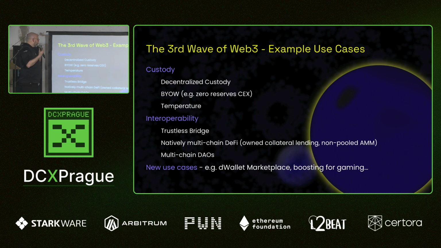So I think the way that you think about interoperability will change once you have an infrastructure for decentralized access control. And then you have all these new use cases and things that we have some thoughts around, but also people will probably come out with new things, right? You can have a D-wallet marketplace.